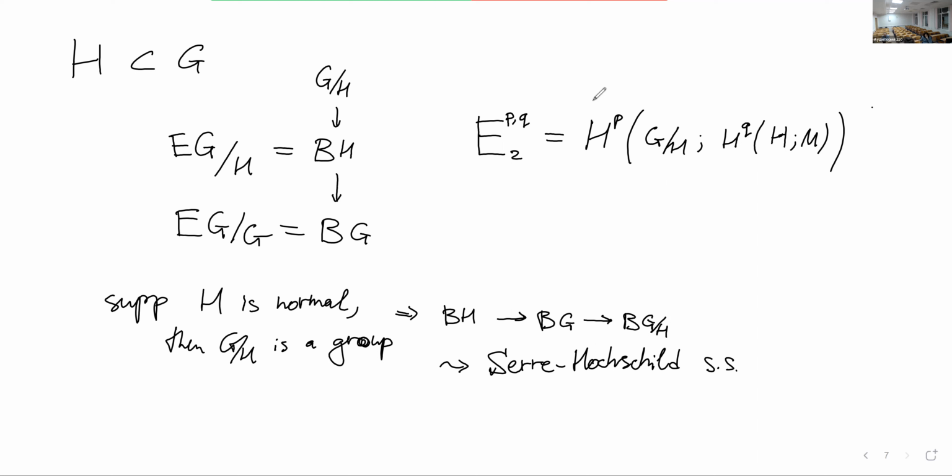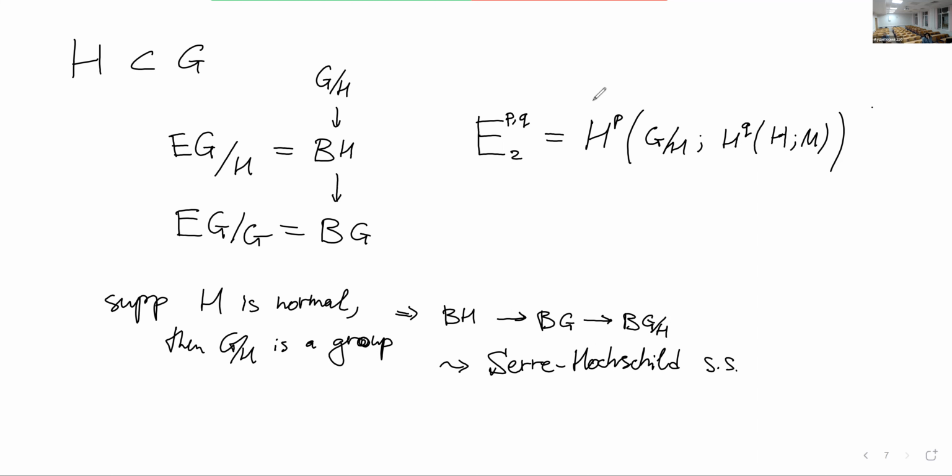Suppose I have a normal subgroup H. This formula suggests there is an action of G by H on the cohomology of H with M coefficients. But what is this action? It's worthwhile noting that M is actually a G module, otherwise it doesn't make sense. This is important.